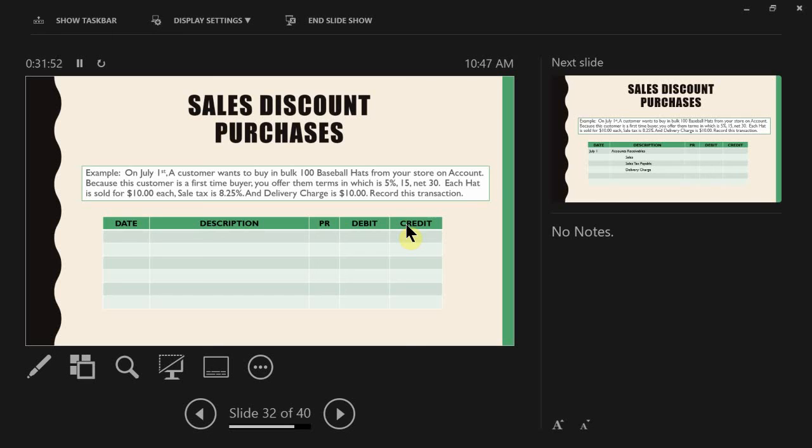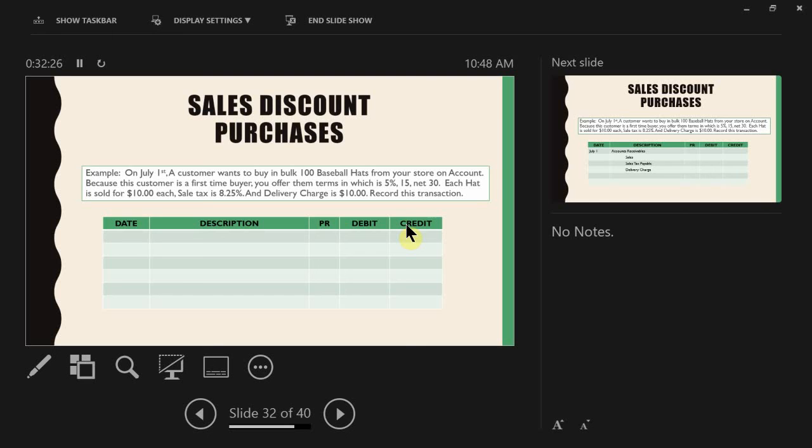So in this case, on July 1st, a customer decides he wants to buy in bulk 100 baseball hats. Of course, because he wants to buy in bulk, you decided to give him some terms. Because you're a first-time customer, I will give you an opportunity to take a 5% discount if you pay within 15 days.